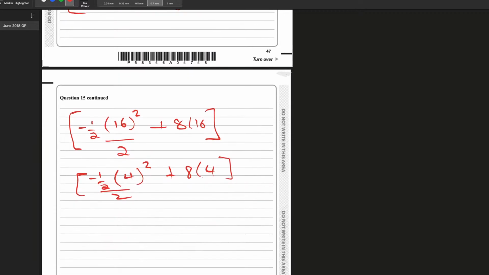If you put this in the calculator, we get 64 over here, and this one will be 28.